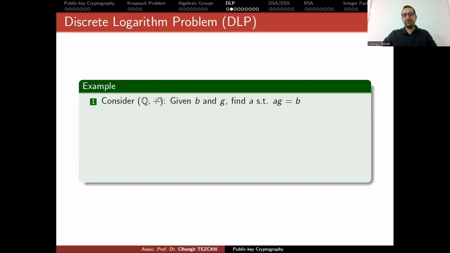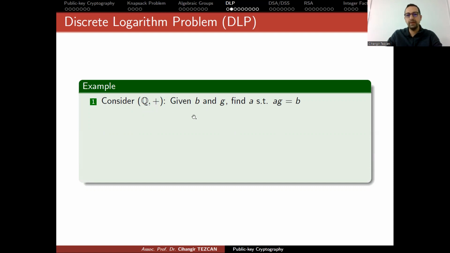So let's start with infinite groups. In this case, actually the definition will be the logarithm problem, not the discrete logarithm problem, but let's see why the logarithm is easy in some scenarios and hard in other scenarios. So let's start with rational numbers and let's choose the group operation as addition.